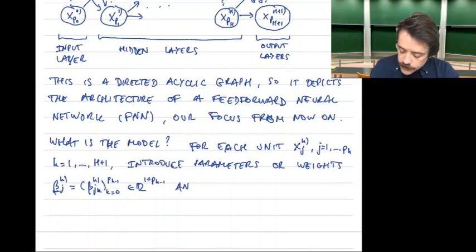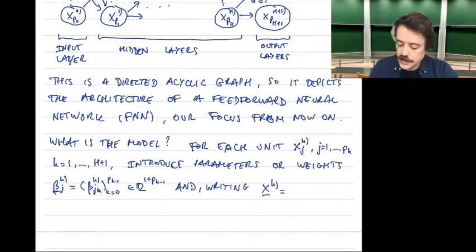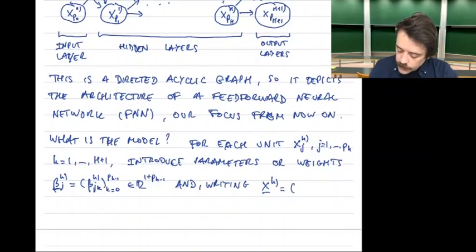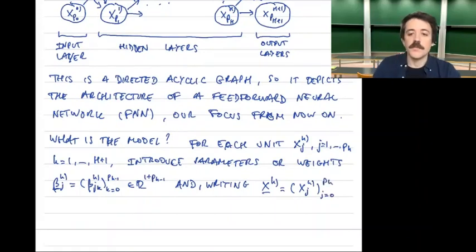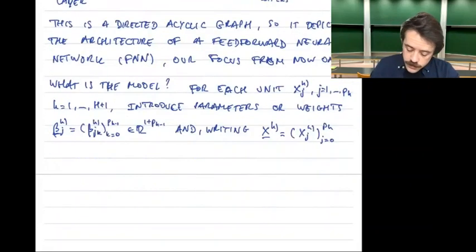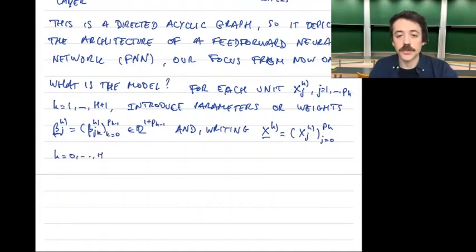And let us also write x underline h as all of the units, now including the bias nodes and also the input layer, but not the output layer.